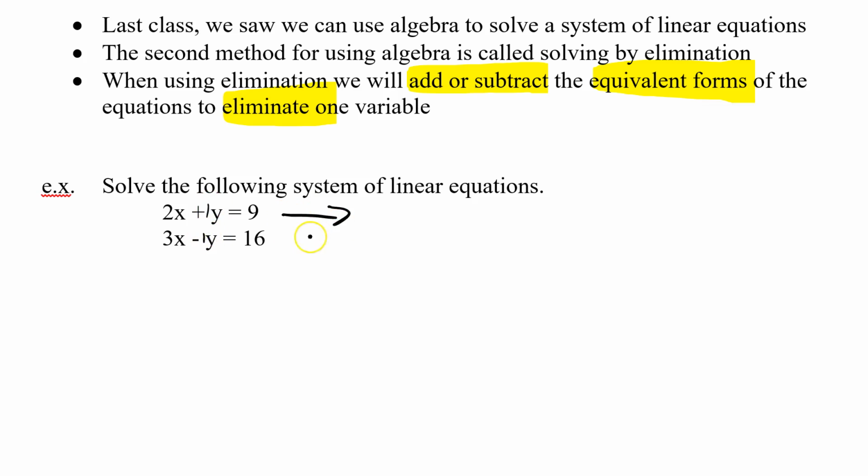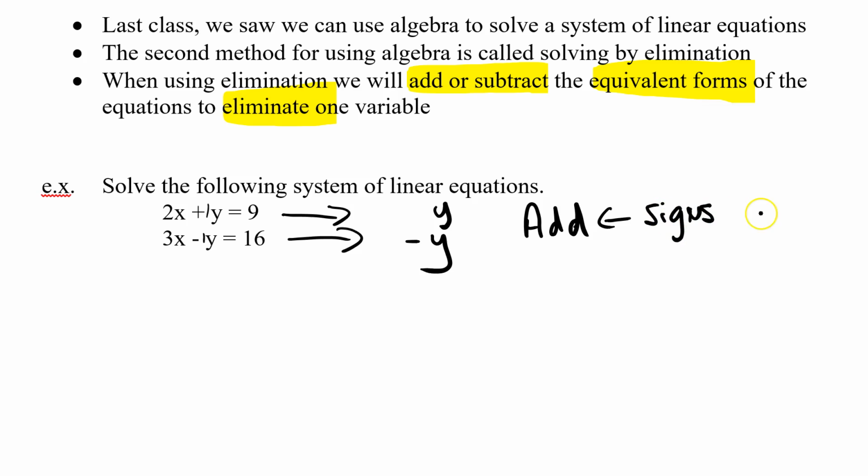So because my y's are y and negative y, I need to add or subtract these together in order to eliminate it. Well, how do I get to 0? Positive 1 and minus 1, I'm going to add these together. So if my signs are different, I'm going to add.